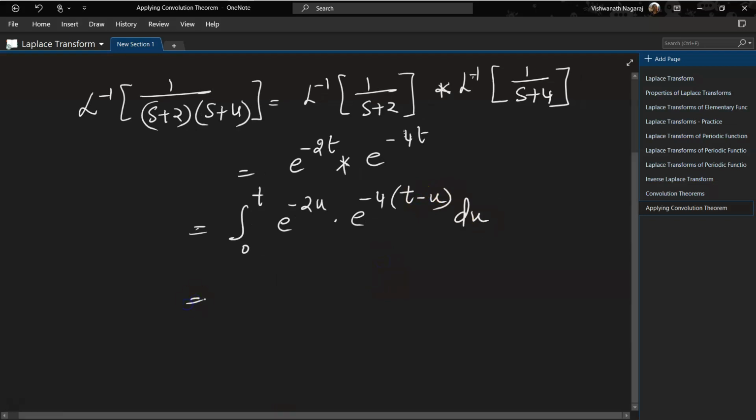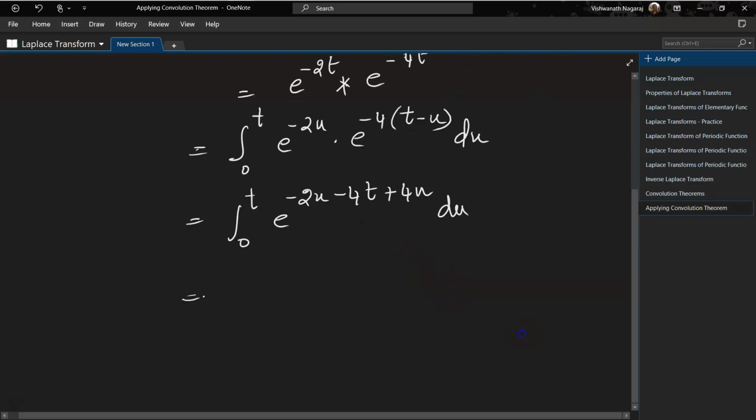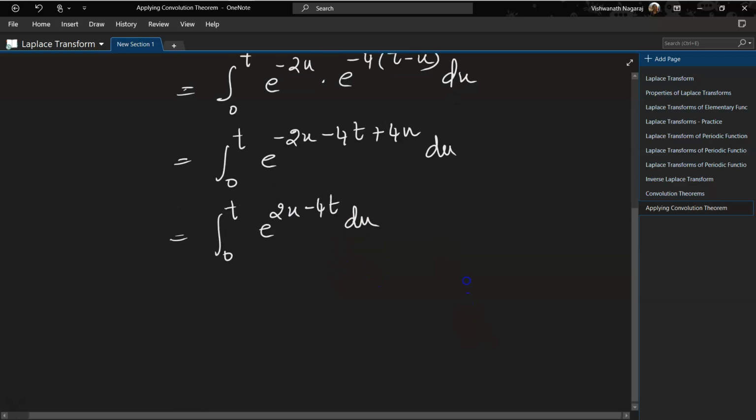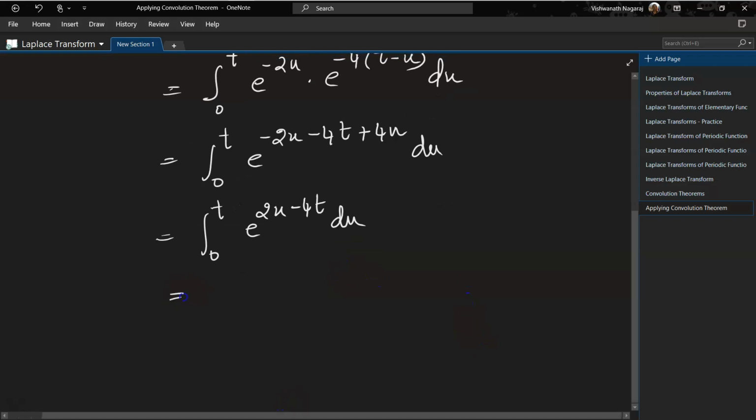Combining, minus 2u minus 4t plus 4u du, which is equal to the integral from 0 to t of e to the power of 2u minus 4t du.